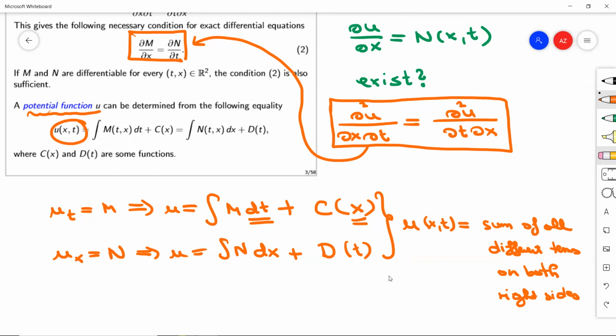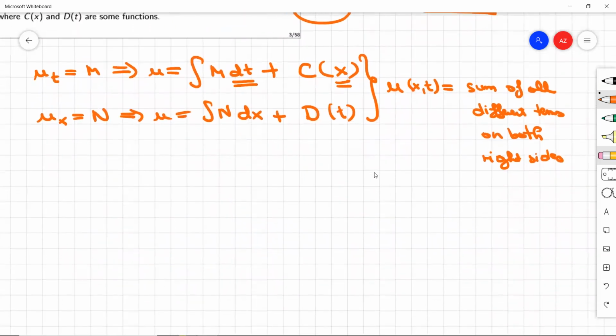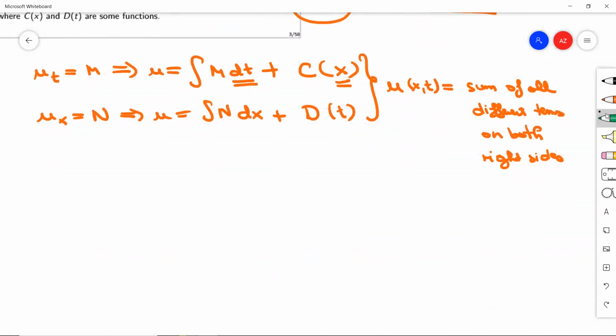This will be more clear on an example. So our example is the following.